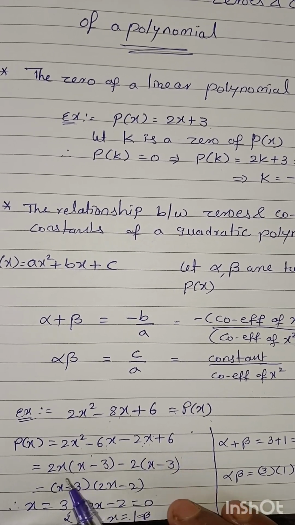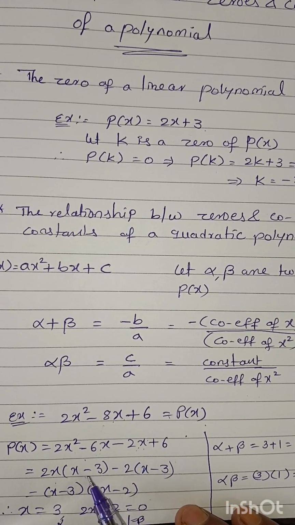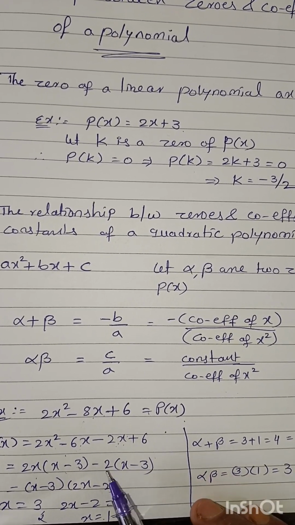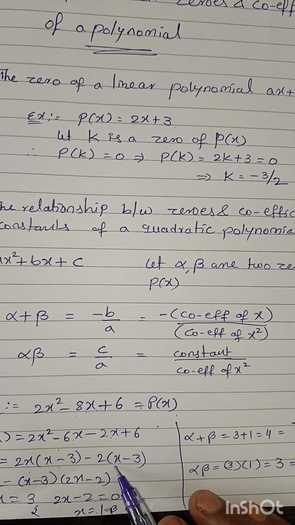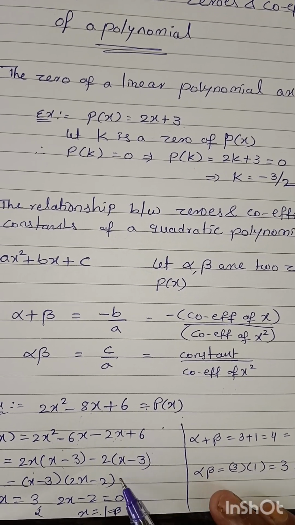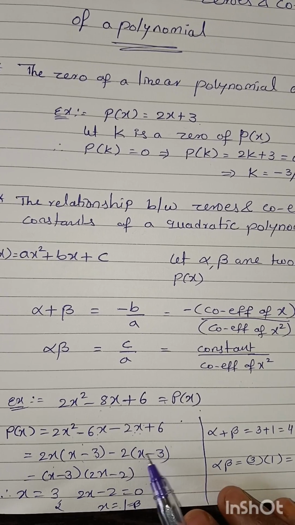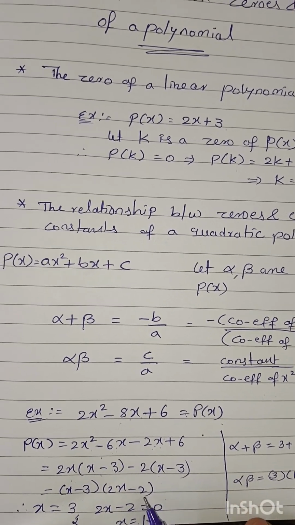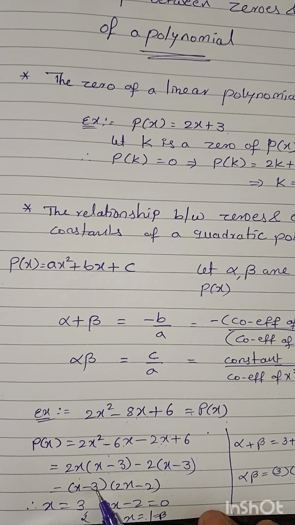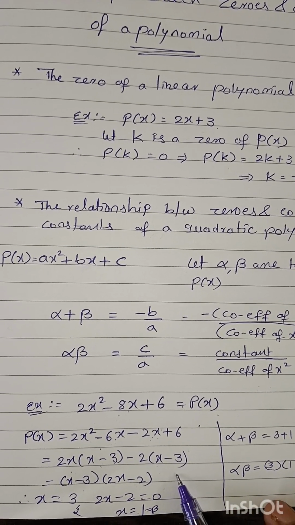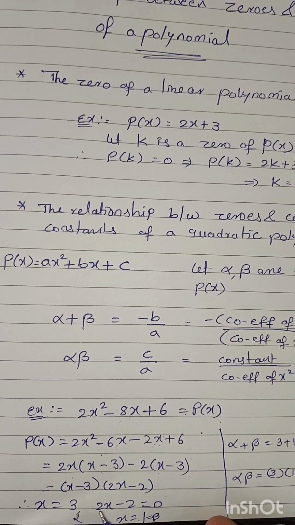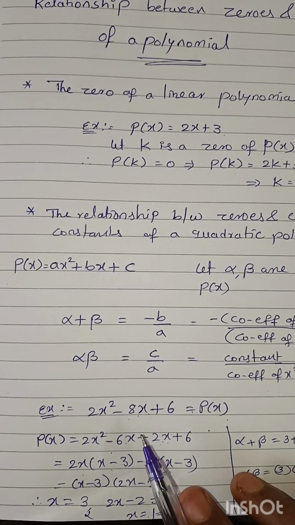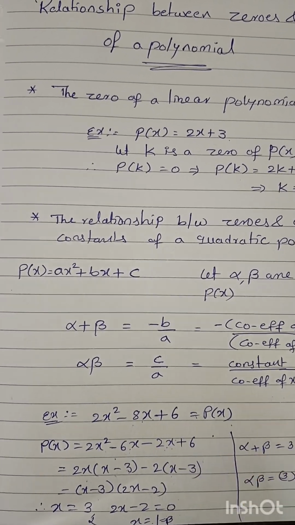In the first two terms, 2x is common, remaining x minus 3. In the last two terms, minus 2 is common, remaining x minus 3. Next, x minus 3 is common and the remaining terms are 2x minus 2. So from this, x minus 3 and 2x minus 2 equal to 0, then x equal to 3 and x equal to 1. So 3 comma 1 are the two zeros of this polynomial.